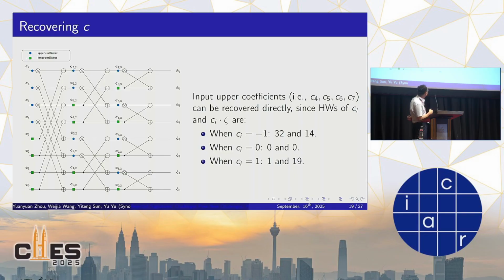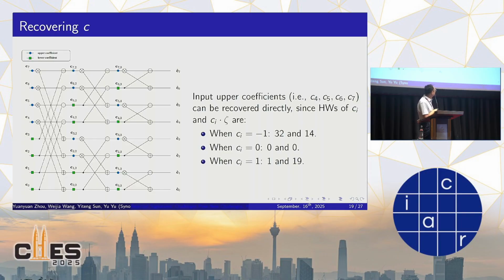So let's consider c2, c5, c6, and c7, which are input upper coefficients. These coefficients can be recovered directly. Why? Because the Hamming weights of c_i and c_i times zeta are quite different for different values of c_i. For example, when the coefficient c_i equals -1, the Hamming weights of c_i and c_i times zeta are 32 and 14.